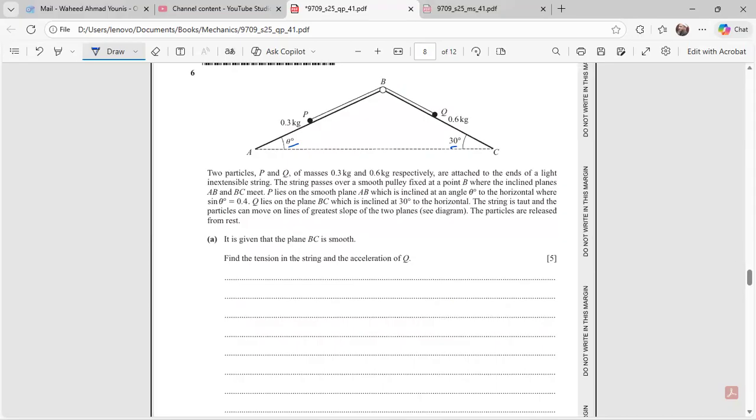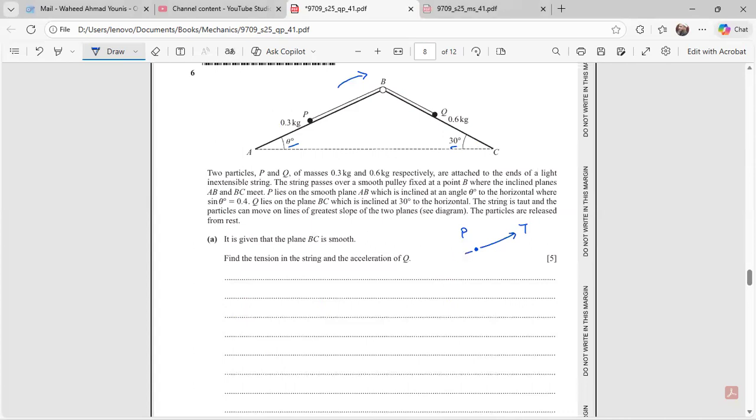So let's assume that they are moving in this direction, because Q is heavier than P, so I just assume that it's going in this direction. If you see this object P, what forces are working on it? This is the force of tension in the string, right?